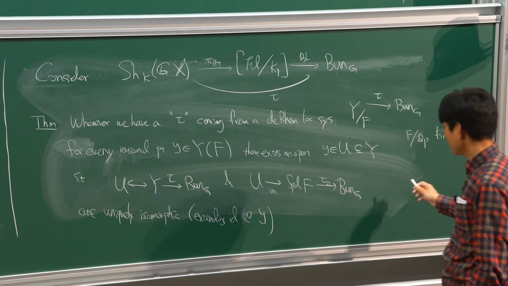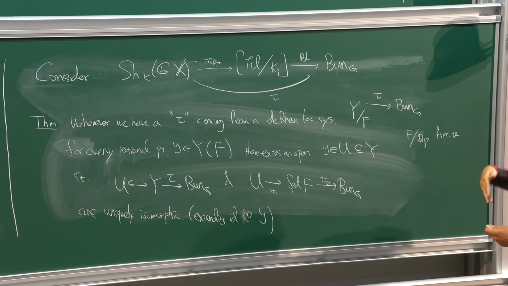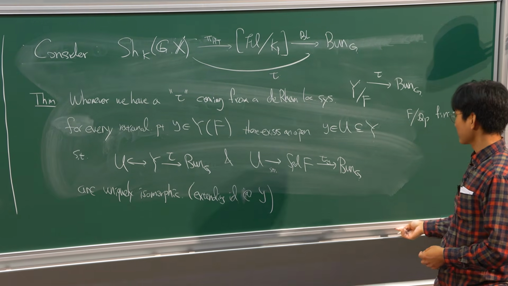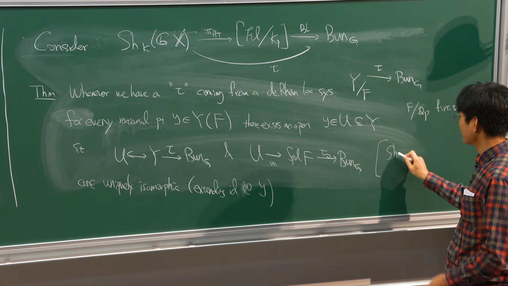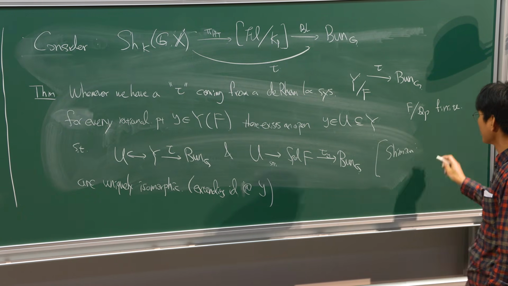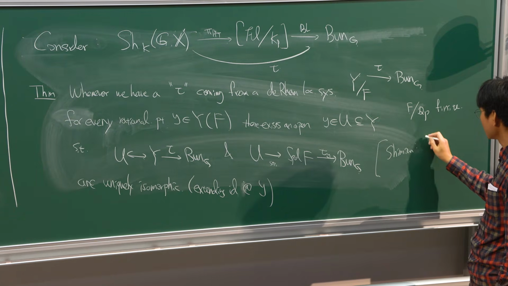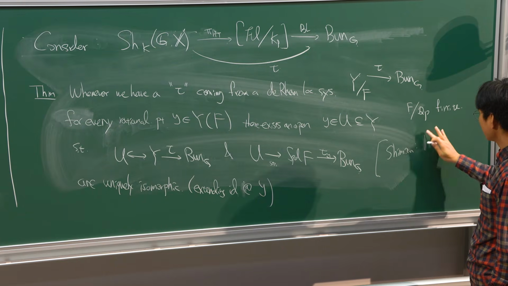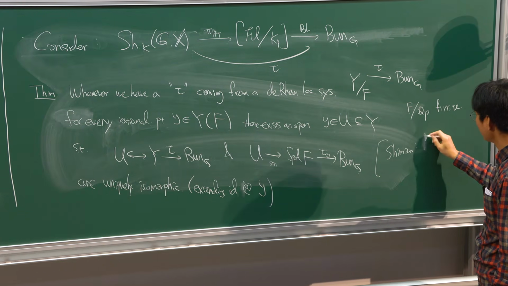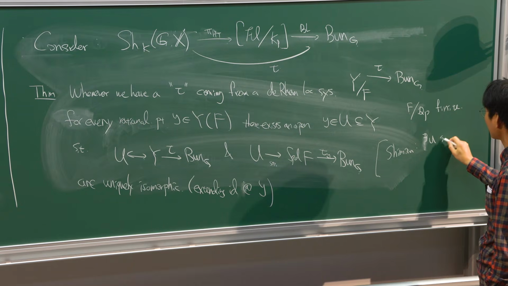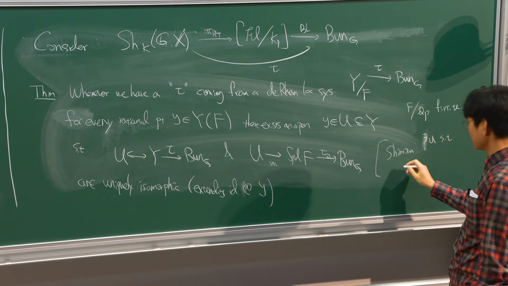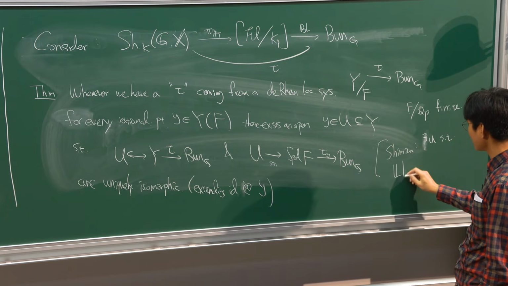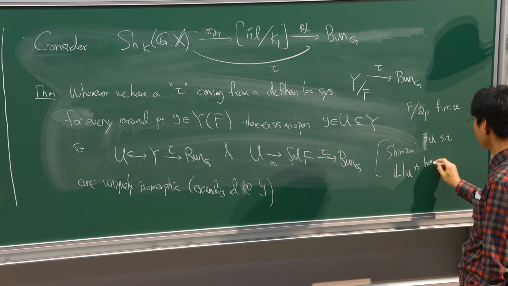So the intuition comes from p-divisible groups over a formal scheme, but it uses this wonderful theorem of Shimizu that says there exists a U such that the de Rham local system restricted to U is horizontal de Rham.